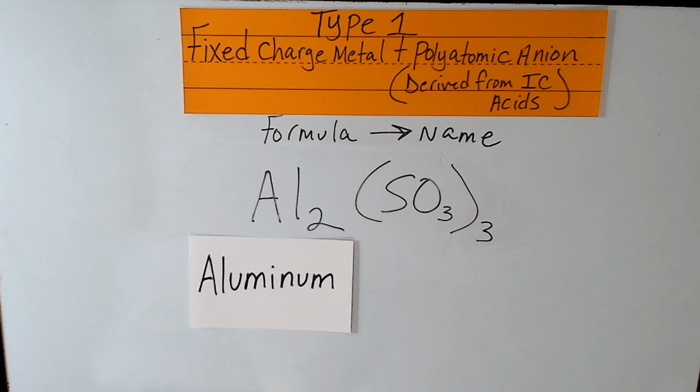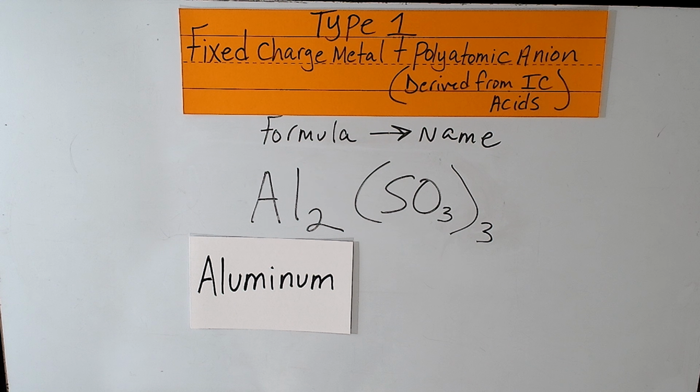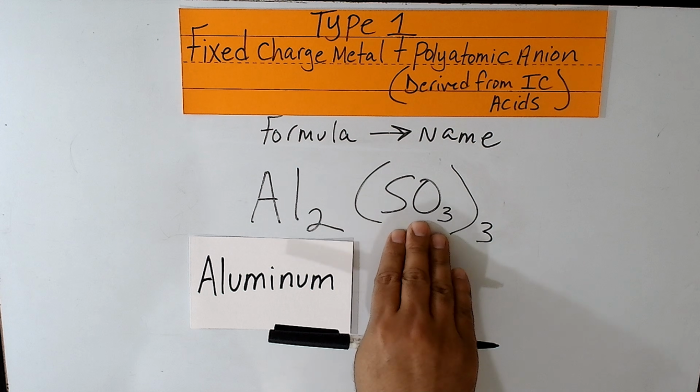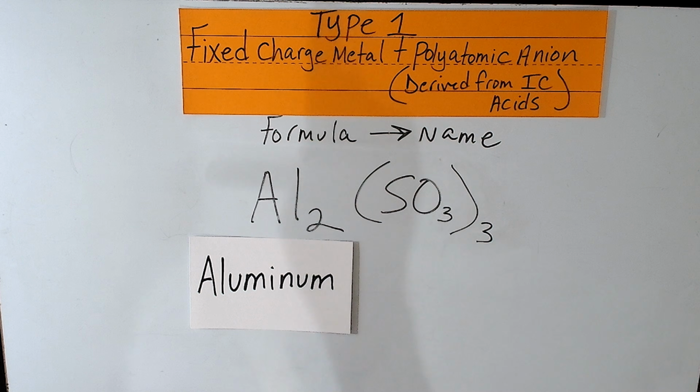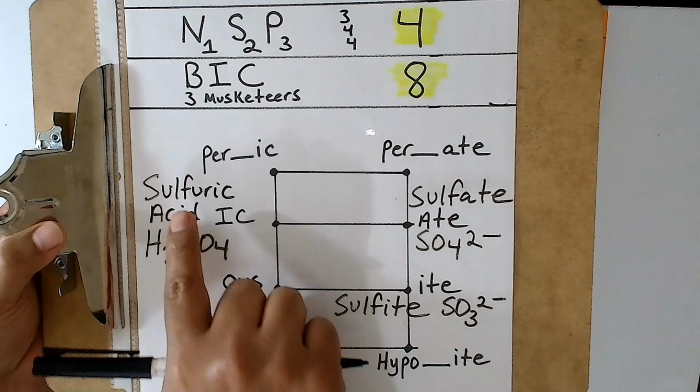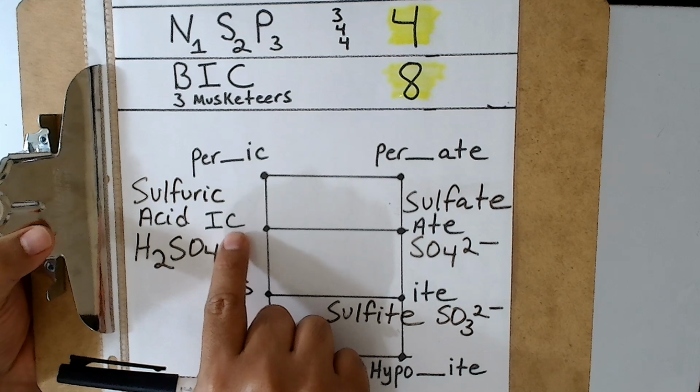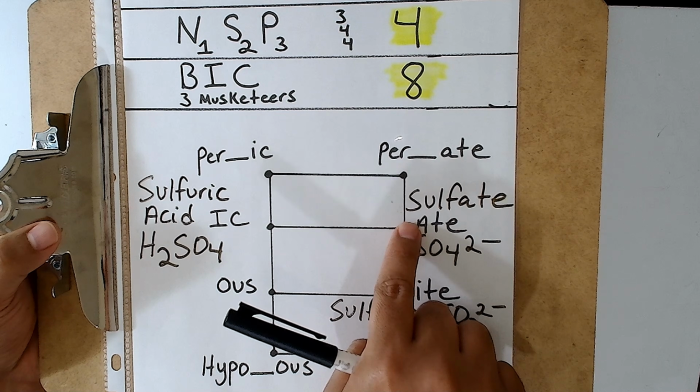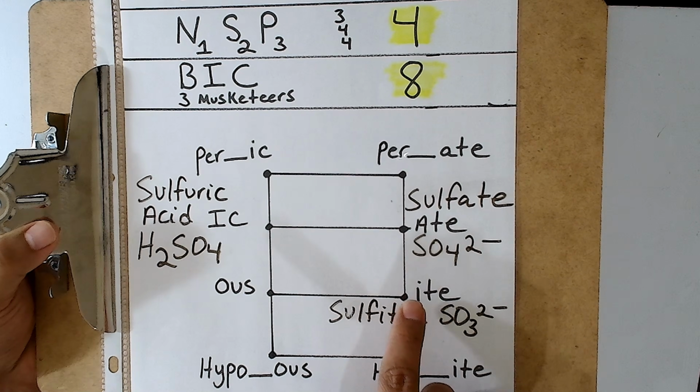And the second step is to name the second element or polyatomic anion. I see an anion, and this anion derives from one of the ic acids that you are to remember. And that acid is sulfuric acid. It goes from the suffix ic to the suffix ate to the suffix ite.